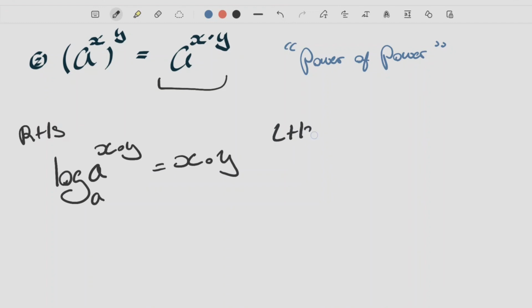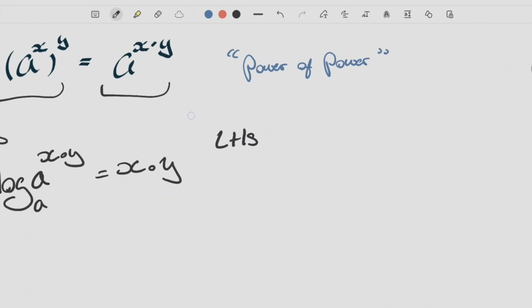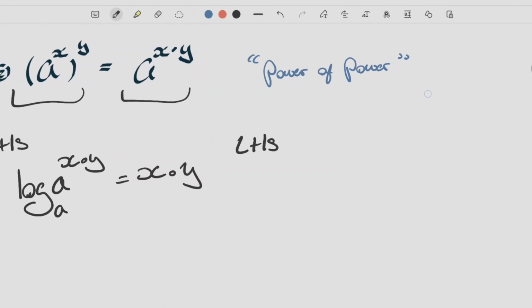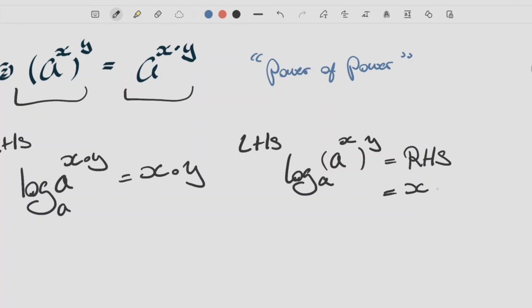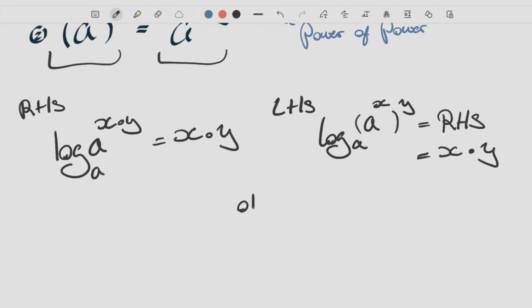And then the left hand side, so this lovely young exponent, young power I should say, log base a of (a to the x) to the y equals the right hand side, which is x times y. Okay, cool.